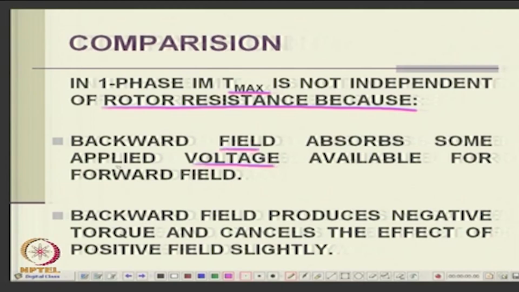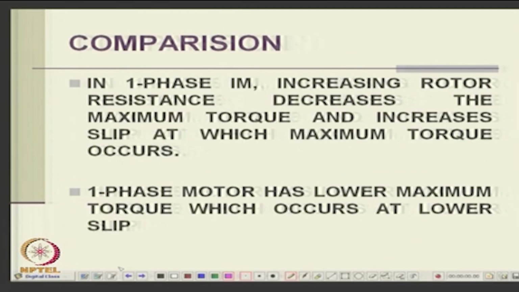If you apply a certain voltage, say 200 volts, some voltage is also absorbed by the backward field, and only the remainder goes to the forward field. The backward field produces negative torque and cancels the effect of the positive field, because the net torque will be the difference between the forward and backward torque.